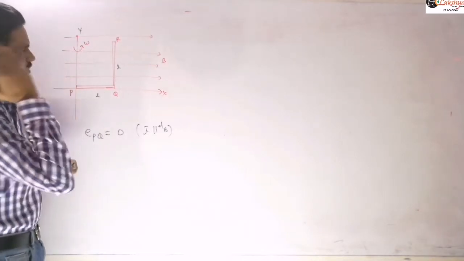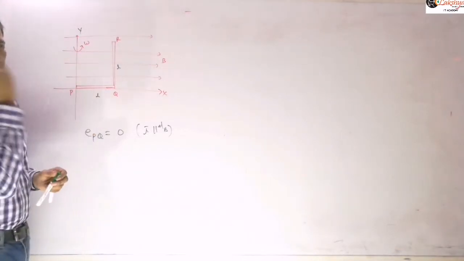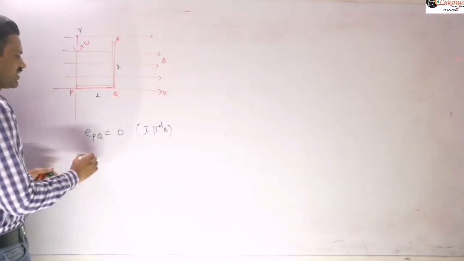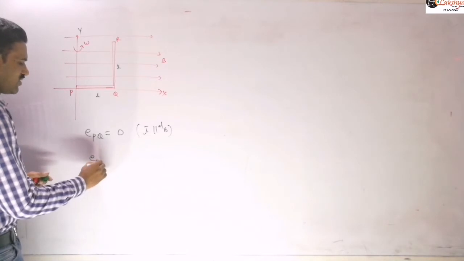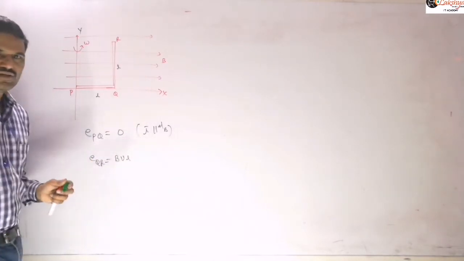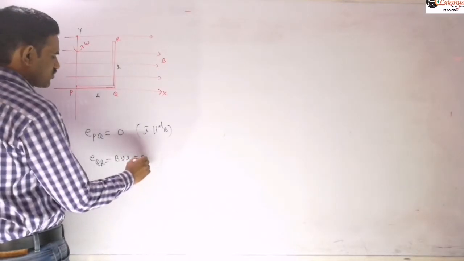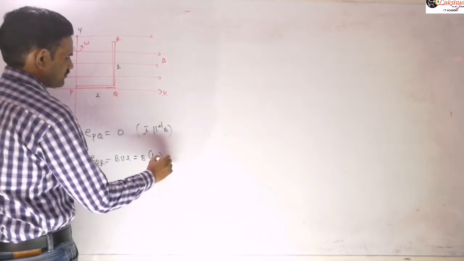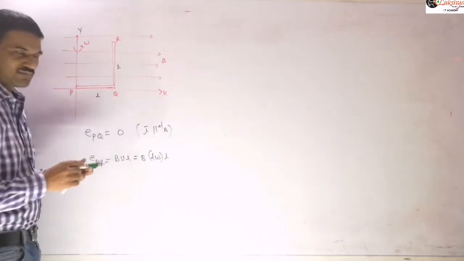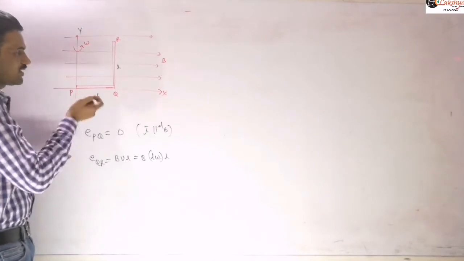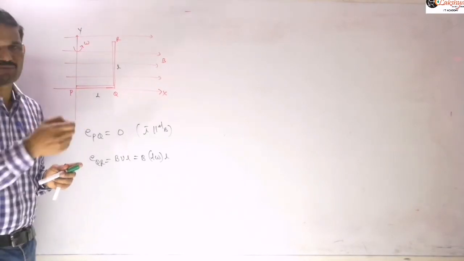So at that instant the velocity is perpendicular, and its velocity you can write as omega L. So simply for QR we can write BVL, the BLV formula, and this V is nothing but L omega, into L. Is it clear?